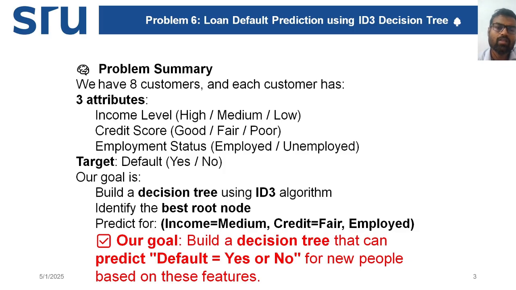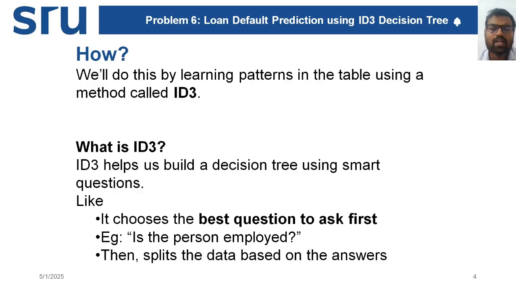If his income level is high, that is even better. If he is low income, unemployed, and his credit score is poor, then we may guess he is not going to pay; he is going to default. These are the smart questions about a particular person, and they tell the bank whether to give the loan or not, based on the decision tree. This only happens once we take one feature into consideration, then go into it again and again.